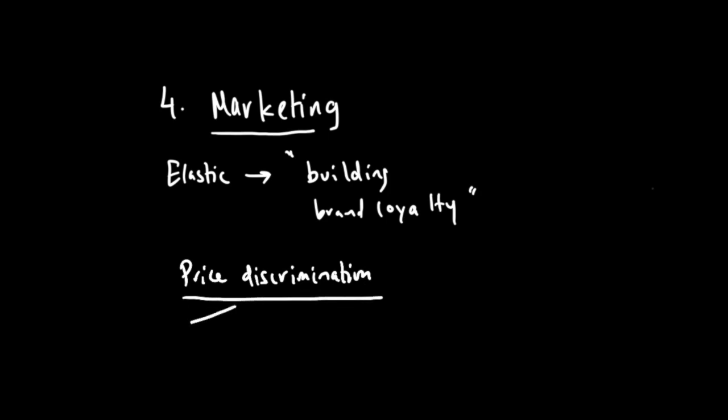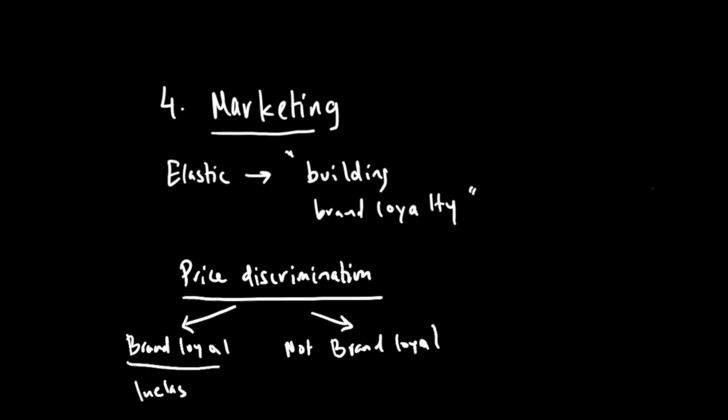One is those consumers who are brand loyal, while the other consumers are not brand loyal. Let me write this: not brand loyal. I can have an inelastic demand in the consumers who are brand loyal, while for those who are not brand loyal, I have an elastic demand.